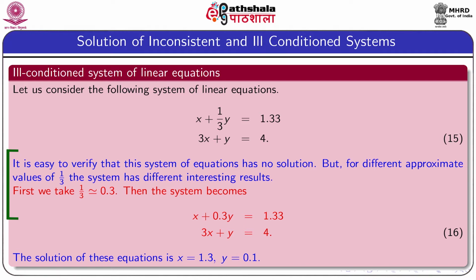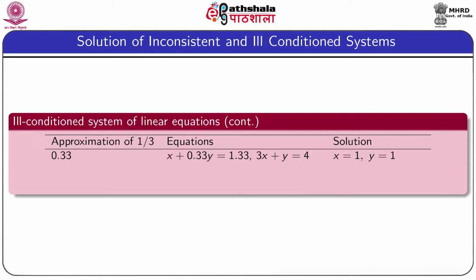First we consider 1/3 approximately equal to 0.3, then the system becomes x plus 0.3y equal to 1.33, and the second equation remains unchanged, 3x plus y equal to 4. The solution of this system of equations is x equal to 1.3, y equal to 0.1. But if we approximate 1/3 as 0.33, then the first equation reduces to x plus 0.33y equal to 1.33, and the second equation remains unchanged.